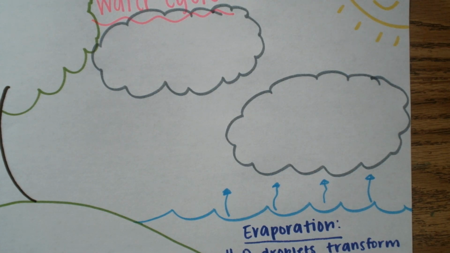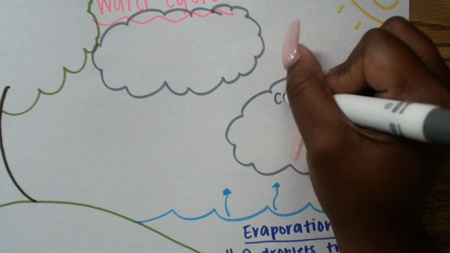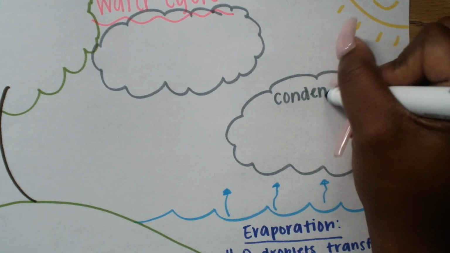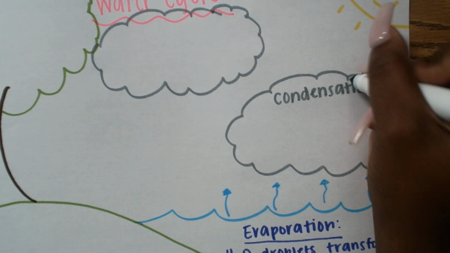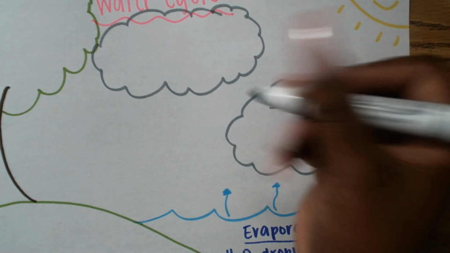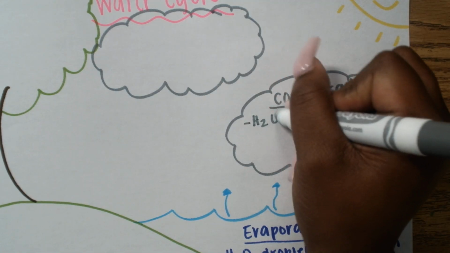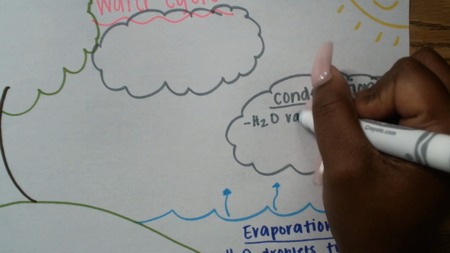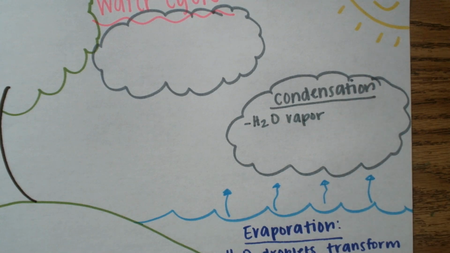Now, evaporation to what? Ooh, who knows what the next step is in the water cycle? Condensation. So we're going to go ahead here and write condensation. And in condensation, we are now having our H2O vapor, because that's what we have, because it's rising.